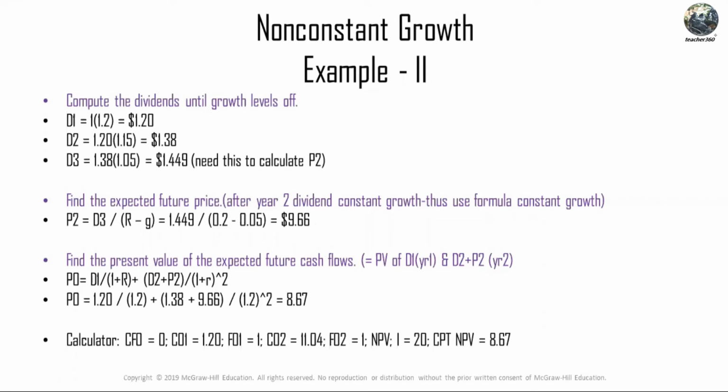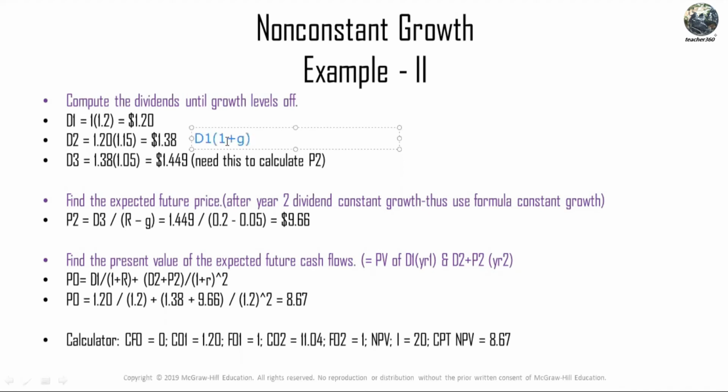Then the dividend in year 2. We have already found out that the dividend in year 1 is 1.20. So D1. To find out the dividend in year 2, we can use the formula D1 times 1 plus g.